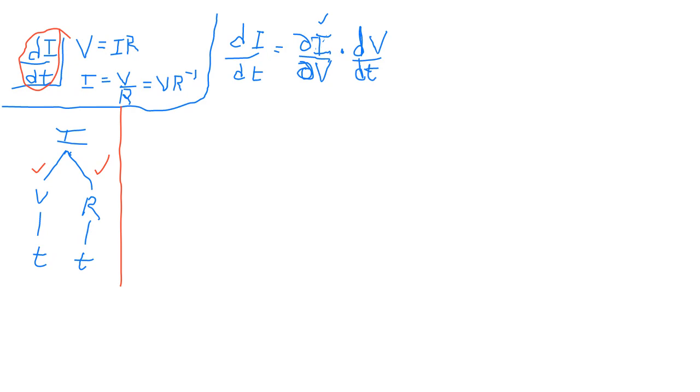But are the units going to be correct? The units are amperes. The units for the rate are amperes per unit time. Is that going to work here? Well, if we think about those derivatives simplifying out, we have dI over dt.